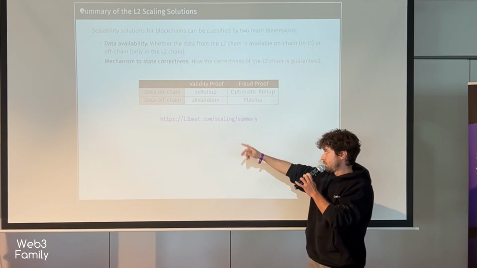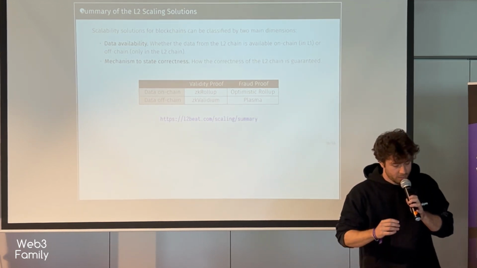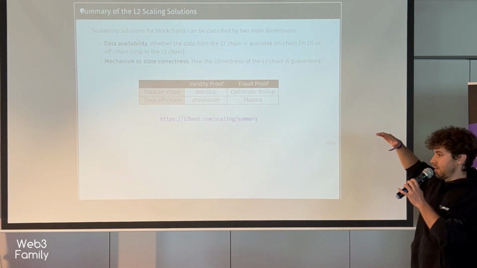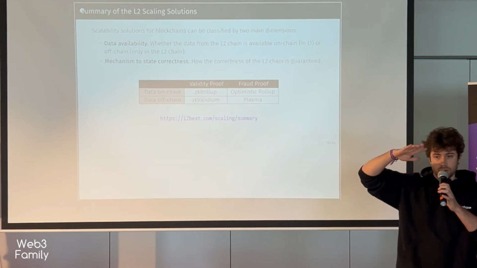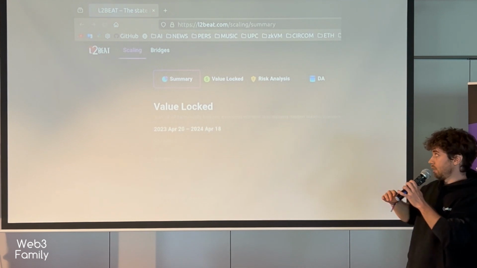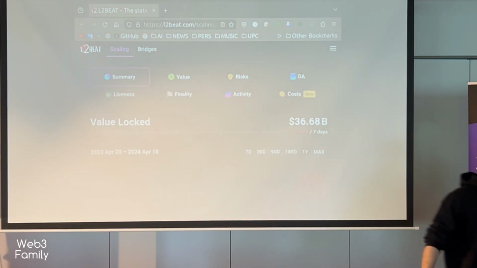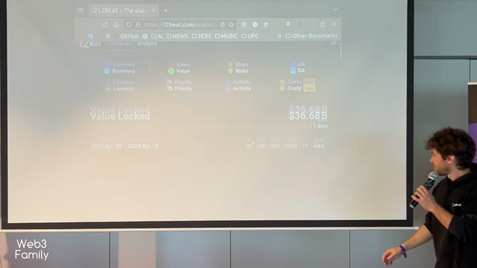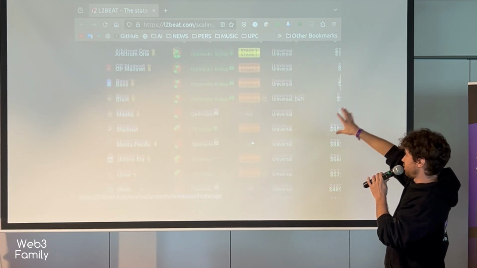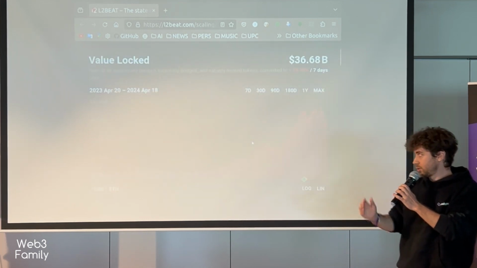This web page is very interesting because it has a rank of all the different L2s that are in the market. Well, this graph is the total value locked of all the L2s.